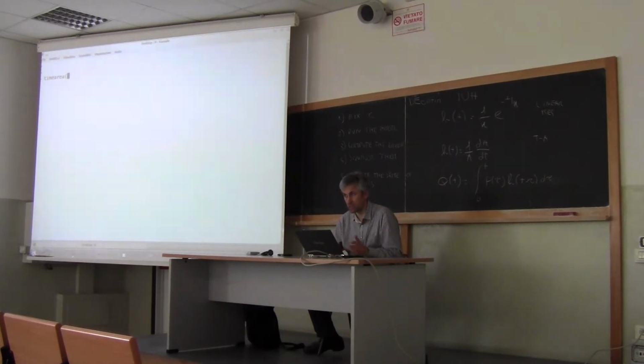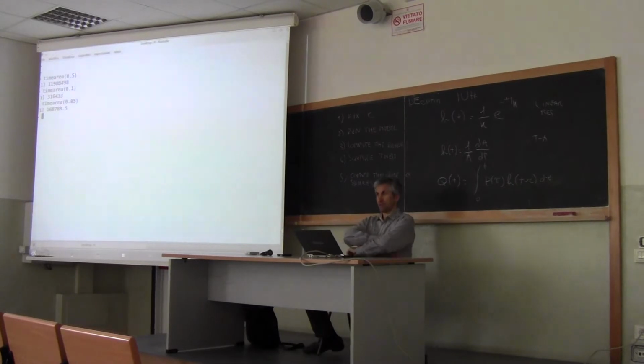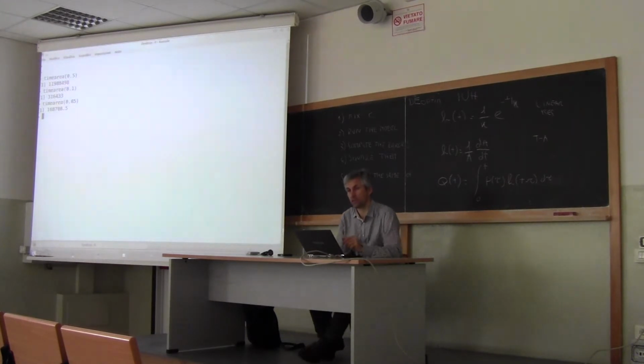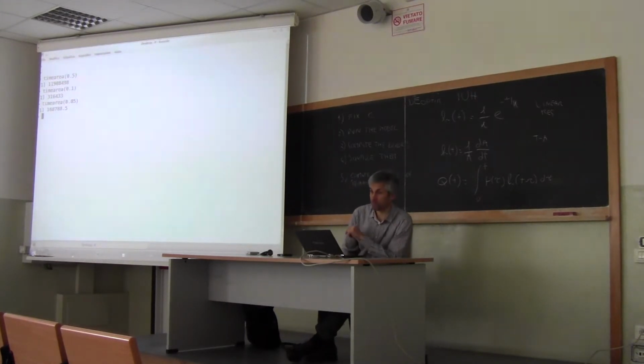The argument is C. Let me try with a trial value of C. Look, perfect. See how easy it is now to find the sum of squares by using the function. Okay, this is perfect. This is the function that we have to give to DEoptim.